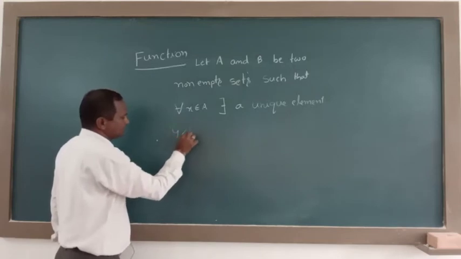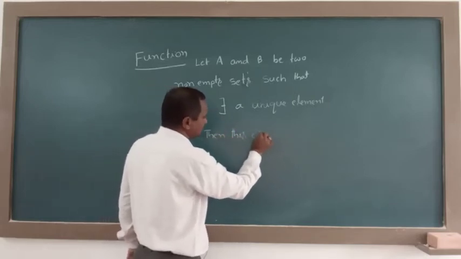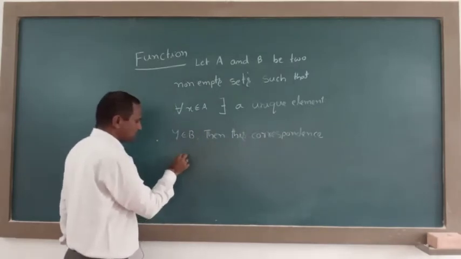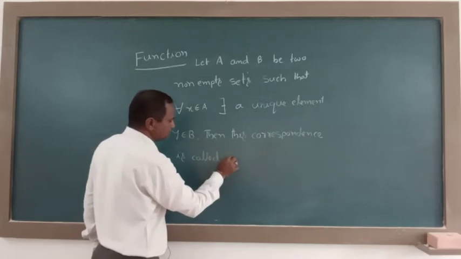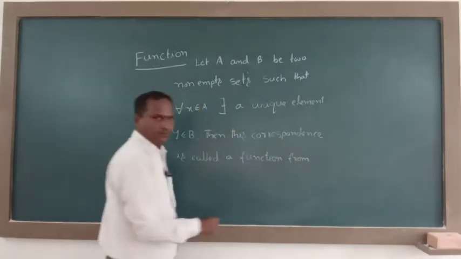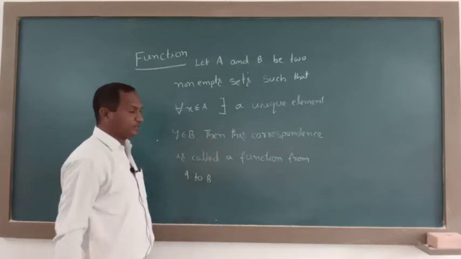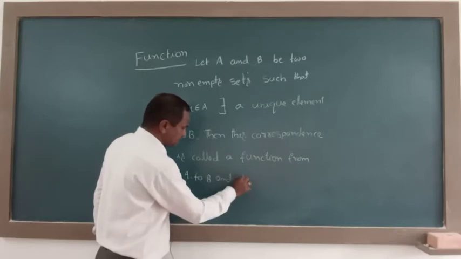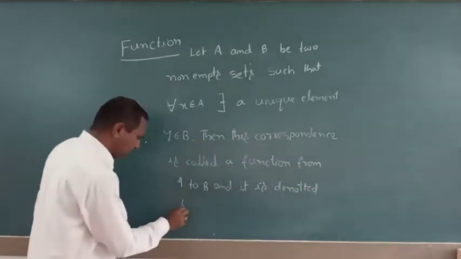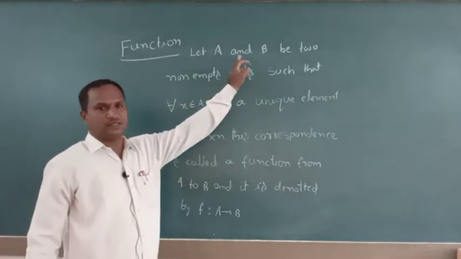y belongs to B, then this correspondence is called a function from A to B, and it is denoted by F maps from A to B. Here we have taken A and B as non-empty sets.